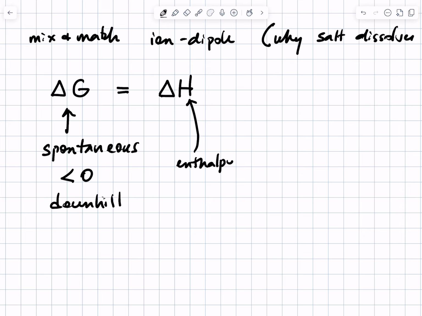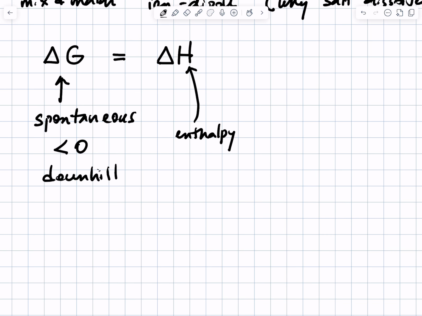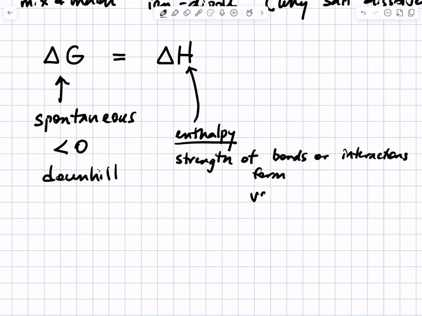So the first term that you'll remember from our free energy equation, and don't worry because we're not going to be calculating free energies, it's just a framework for understanding how things are going to work. When you see delta H, or enthalpy, you should think of it in terms of the strength of the bonds or interactions that are formed in a process versus the strength of the bonds or interactions that you break.